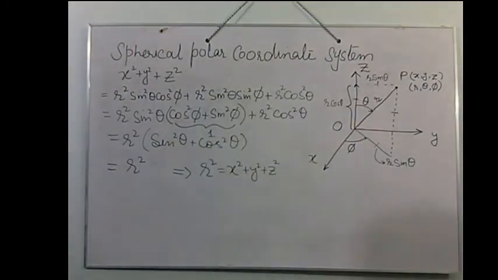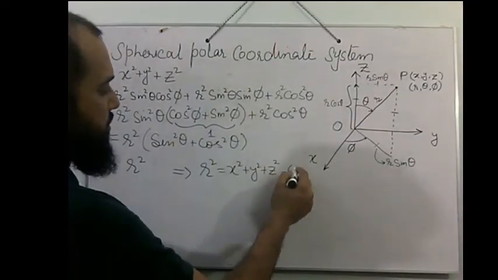If we name z is equal to r cos theta as equation 1, x is equal to r sin theta cos phi as equation 2, and y is equal to r sin theta sin phi as equation 3, then this one will become equation 4.